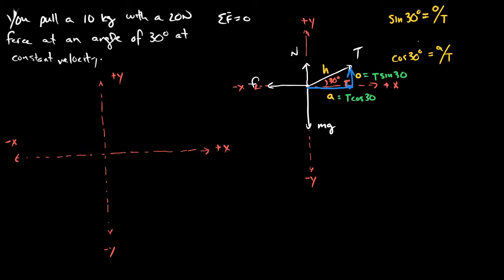I'm going to draw all these forces again, but this time I'm only going to draw the forces as they exist in the x and y direction. So these are unchanged. But then I have this force to the right, which is T cosine theta, and this force upwards, which is T sine theta.